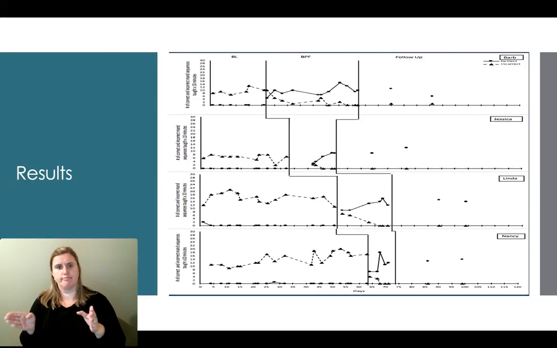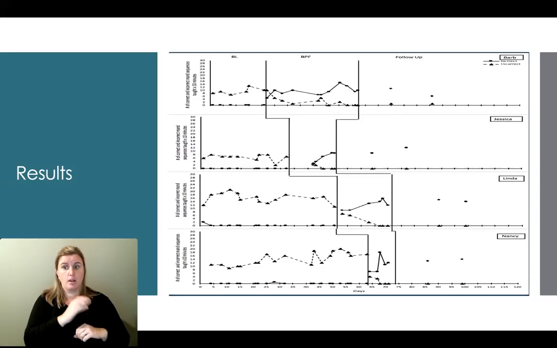So what we're getting at here is that there was a drastic change in level from baseline to intervention to the first implementation of the intervention, following only one implementation of the training. So this could speak of the powerful nature of this specific training intervention for this specific target skill.